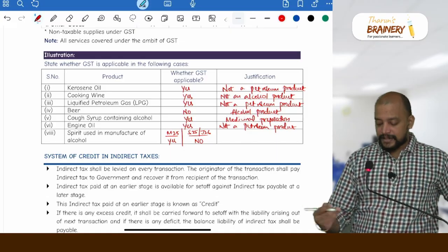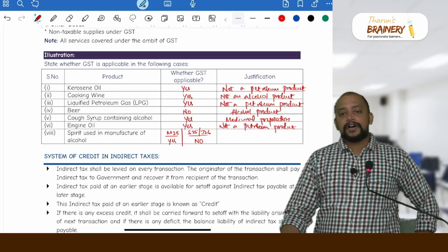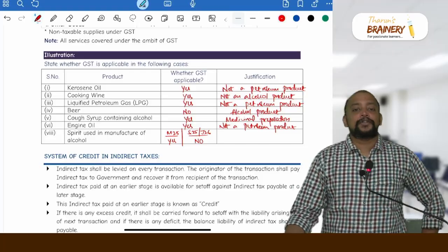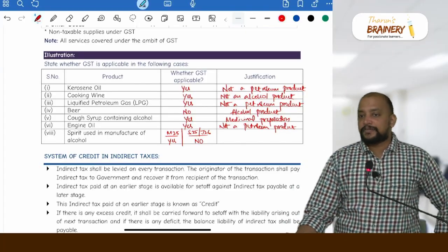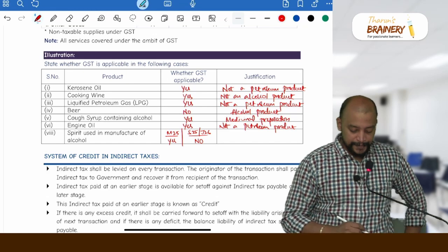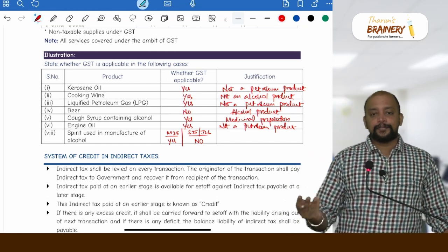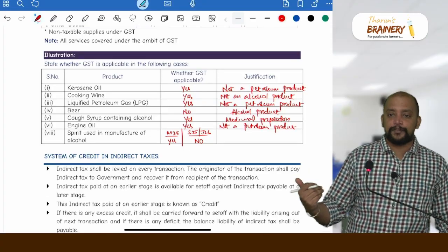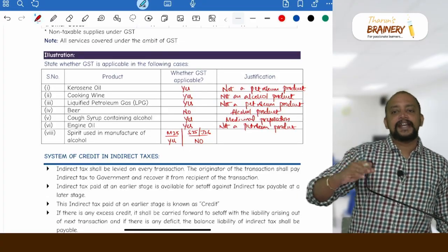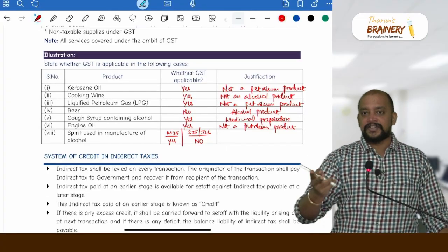But for the next attempt, it will be no. Why? Because with effect from 1/11 only, they excluded it from the ambit of GST. But up to that point of time, it was covered under the ambit of GST. Now it is treated as an alcoholic product, but for the May exam, it was not treated as an alcoholic product. Accordingly, you change the justification.